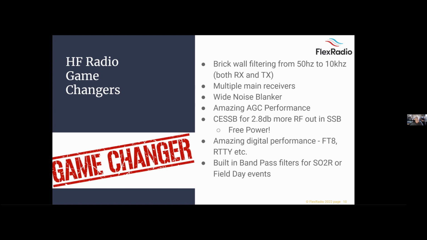We can get really, truly amazing AGC performance because, again, it's in the digital domain, and we can use the magic of math to manage the AGC. We have something like controlled envelope single sideband, which will give you roughly 3 dB more RF out in a single sideband transmission. I'll talk a little bit about that.